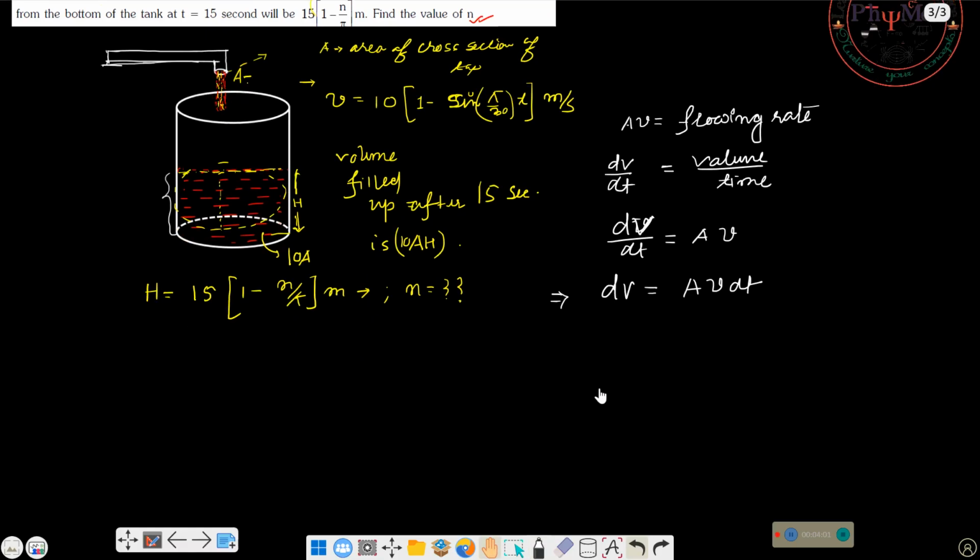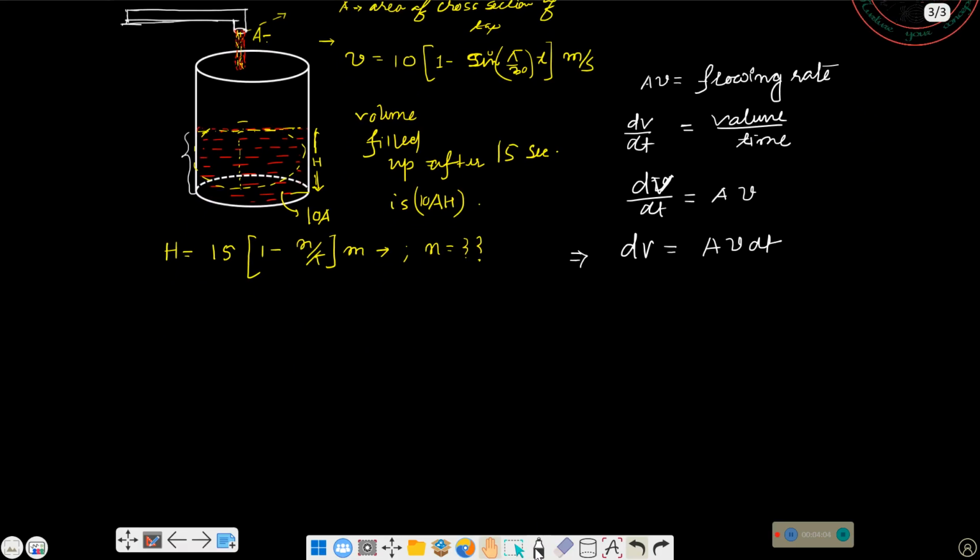Now this v, the velocity of the water coming out of this tap, is given as 10(1 − sin(πt/30)). So dV = a × 10(1 − sin(πt/30)) dt. This is our dV, the small volume filled up in the water tank.